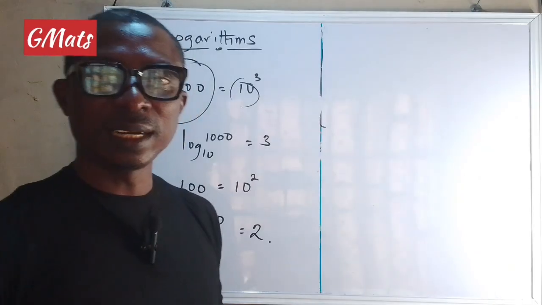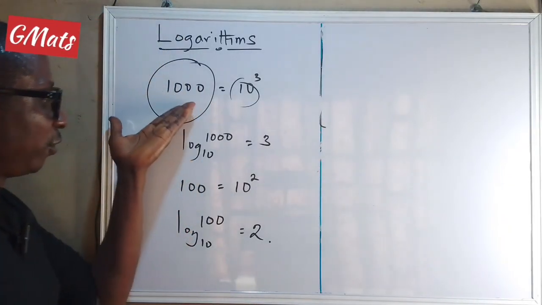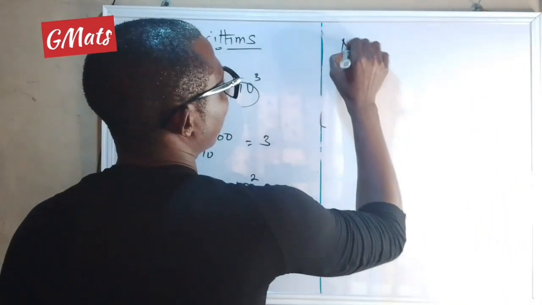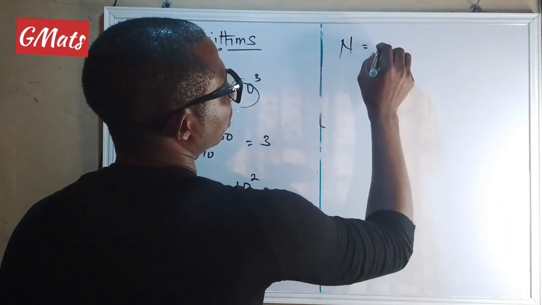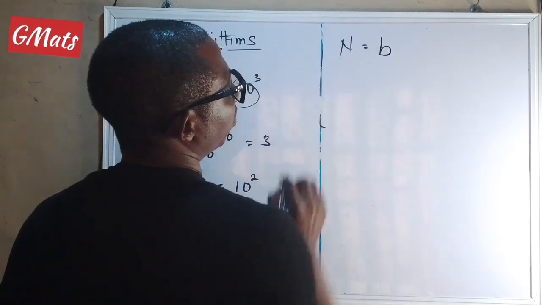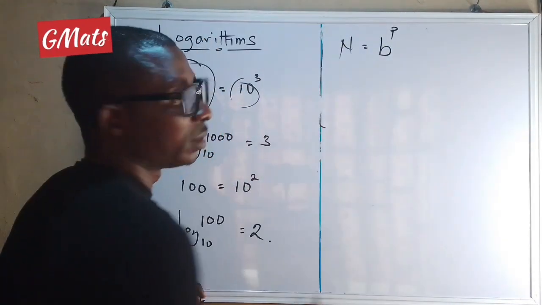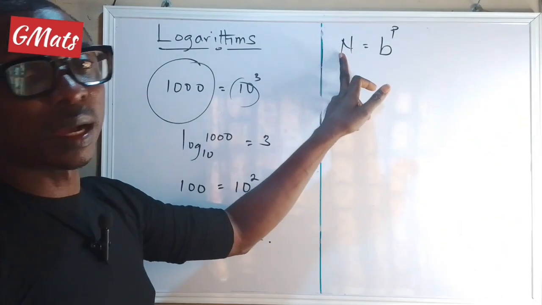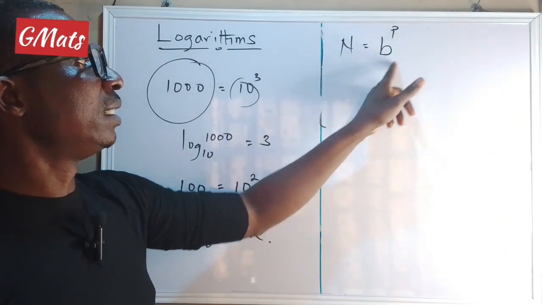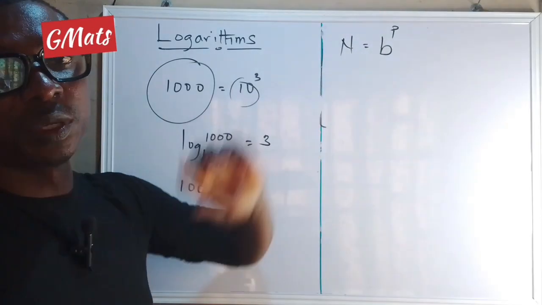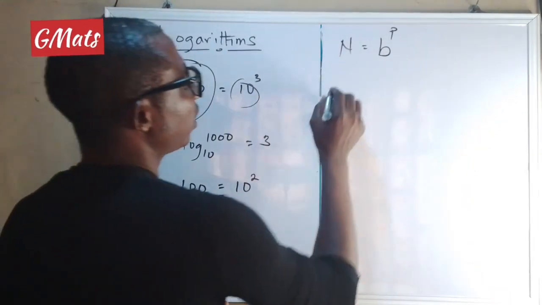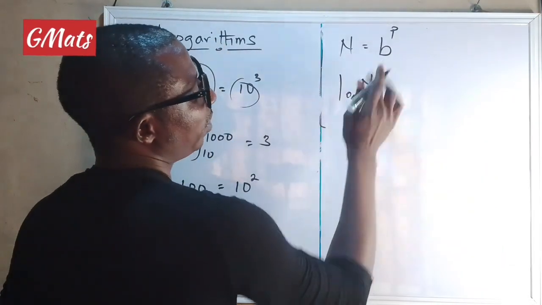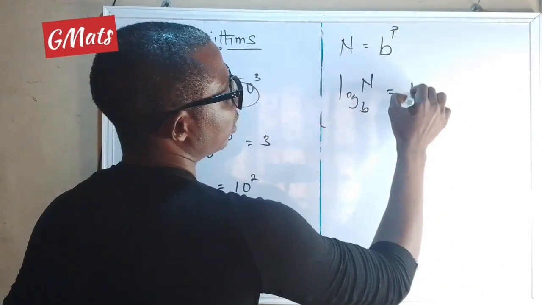So we can now generalize, since we have looked at a particular case. Now if we have a number n which is equal to b raised to the power of p. Alright, so if you have this kind of number which can be expressed in index form, b raised to the power of p, then logarithm of the number n to a given base b is p.